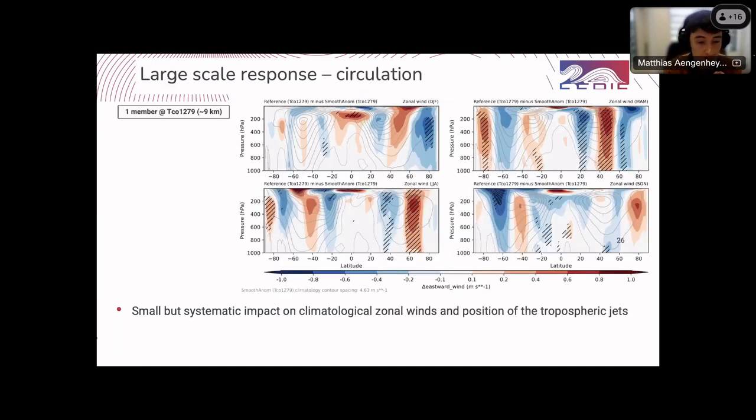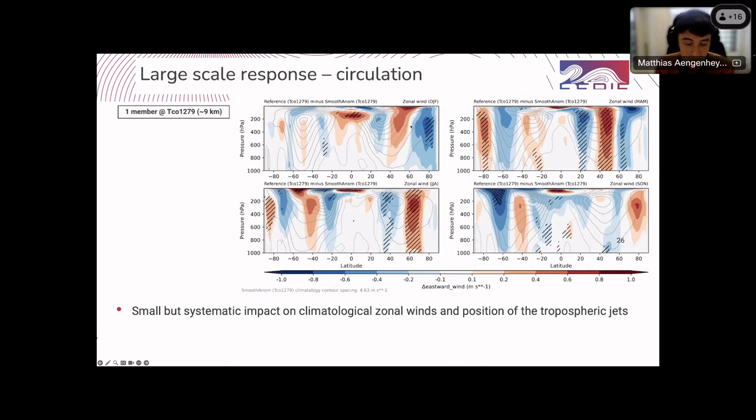We've also started looking at the circulation response. So this is the change in zonal mean zonal winds. This is just at high resolution. So again, it's the unfiltered data minus the smoothed anomalies for the 4 different seasons: DJF, MAM, JJA, and SON.